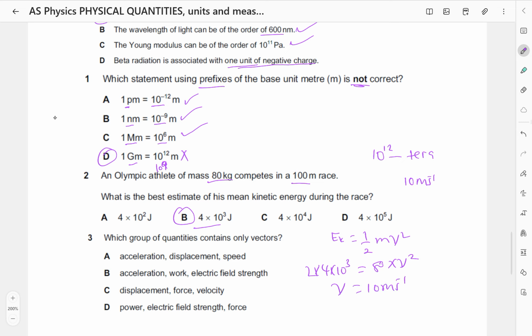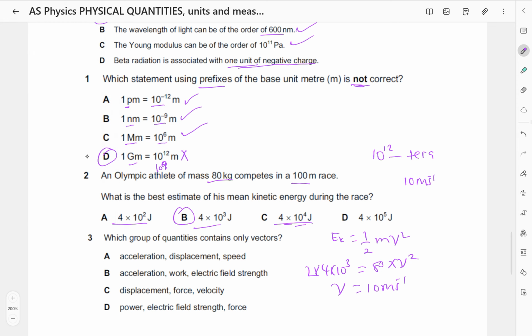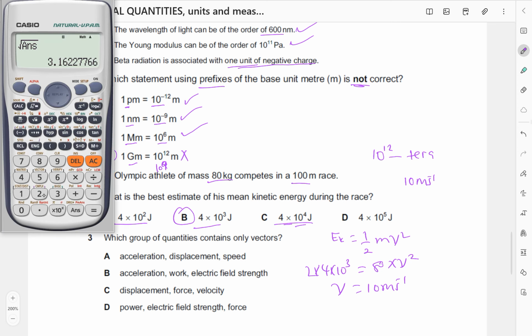Let's see why the others may not be correct. I use 2 times 4 exponent 2, divide by 80 and find the square root. You see, this person is almost walking, not running. Then we check 4. 2 times 4 exponent 4 divided by 80, then I find the square root.